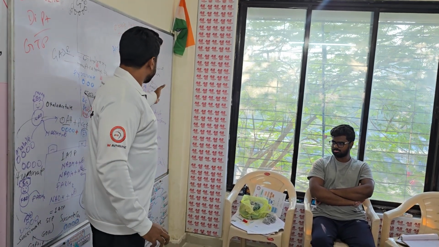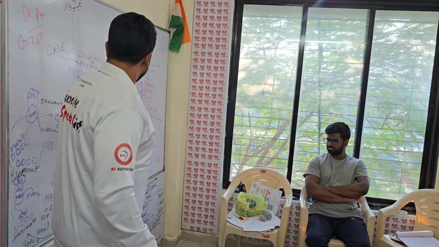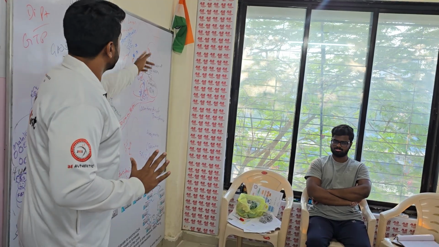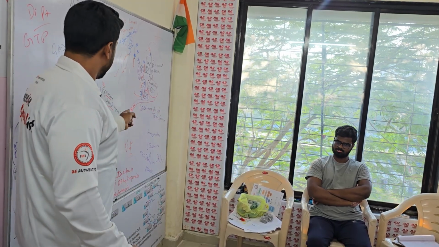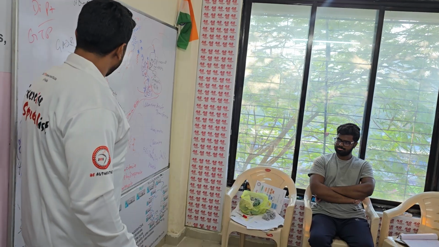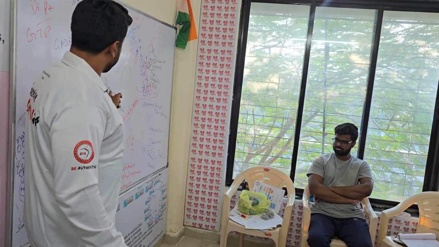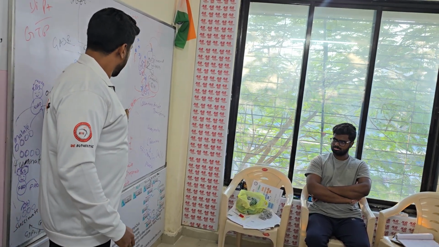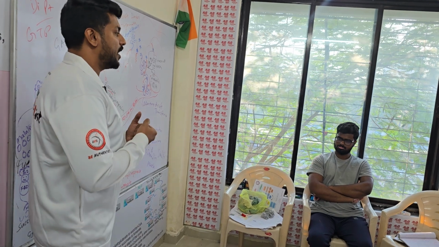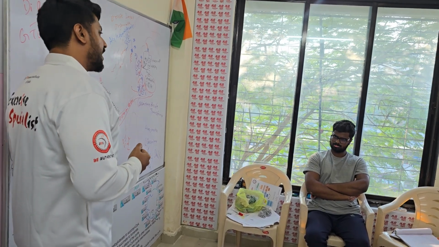This acetyl CoA is coming to enter the Krebs cycle, and the Krebs cycle happens in the mitochondria. All these things are happening in the mitochondria. So acetyl CoA is coming to the mitochondria, and pyruvate dehydrogenase helps to open the door for entering the Krebs cycle.